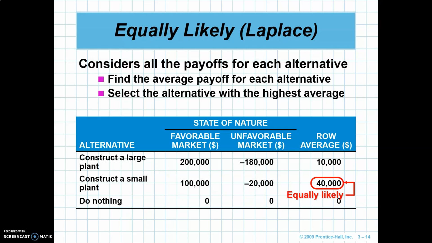In our case, it's a profit maximization problem, so we'll select the maximum, which is 40,000. That means if we construct a small plant, we'll get 40,000 on average revenue. So it's the equally likely or Laplace criterion used for decision making under uncertainty, right?